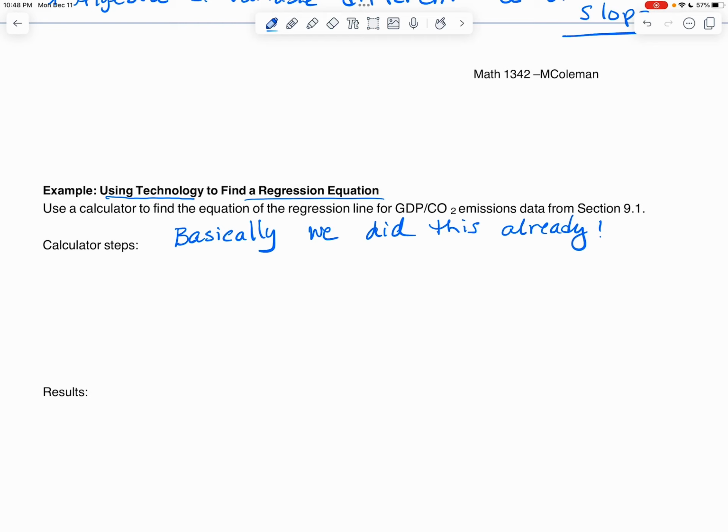It's a little bit different in the book. In my opinion, they should teach both of these sections together. They don't. They split it up. And the main reason is they want to make sure there's a correlation before we try to find the line of best fit.